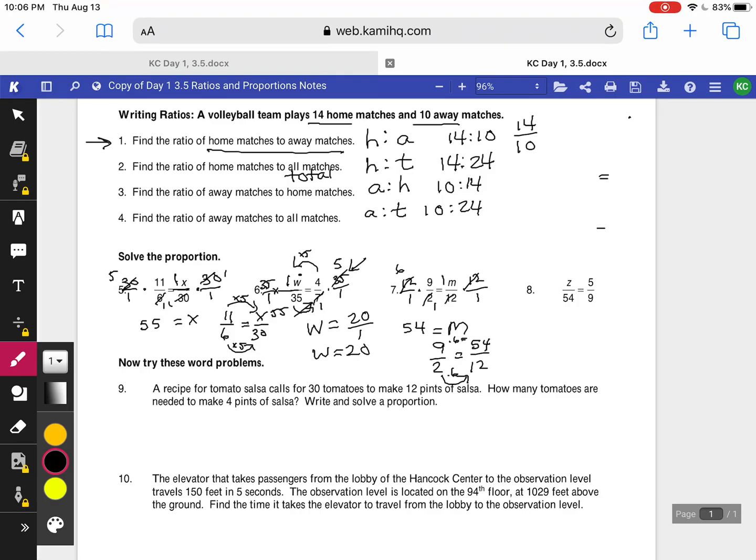The last problem, isolate for Z, multiplying both sides by 54. I know that I can factor out 54. I'm left with 1Z or Z. And I have 5 9ths times 54. I can factor a 9. And 6 times 5 is 30 over 1.